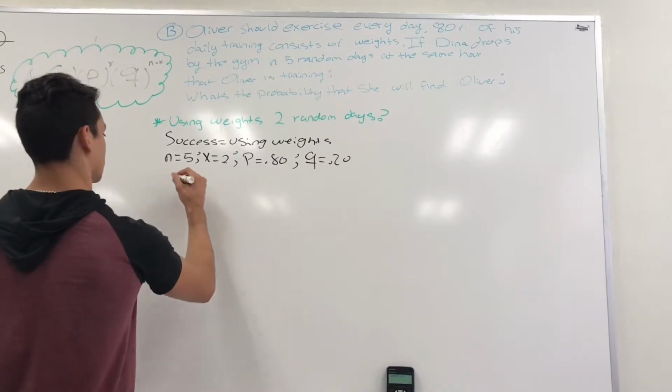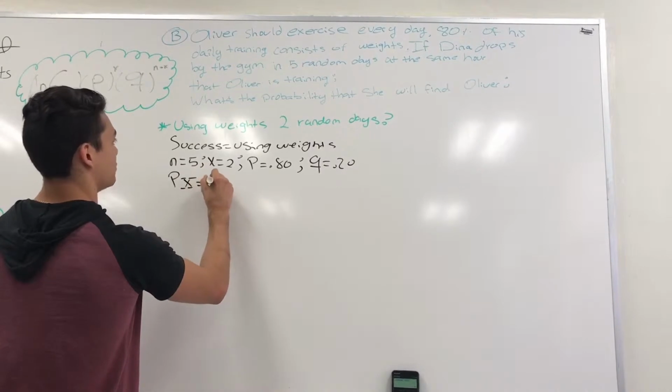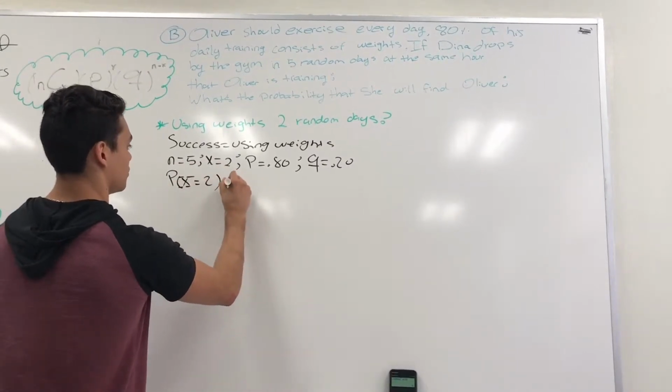Now we just start doing the problem. We will state that the probability of x being 2 is equal to the formula.